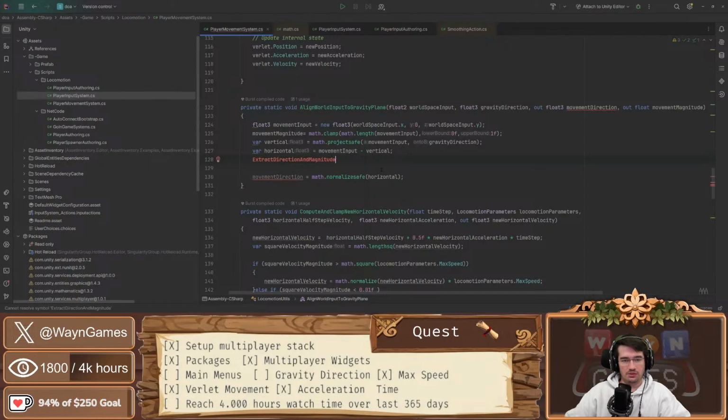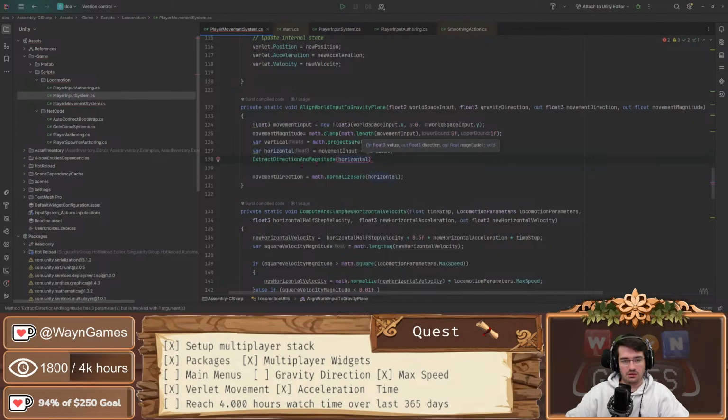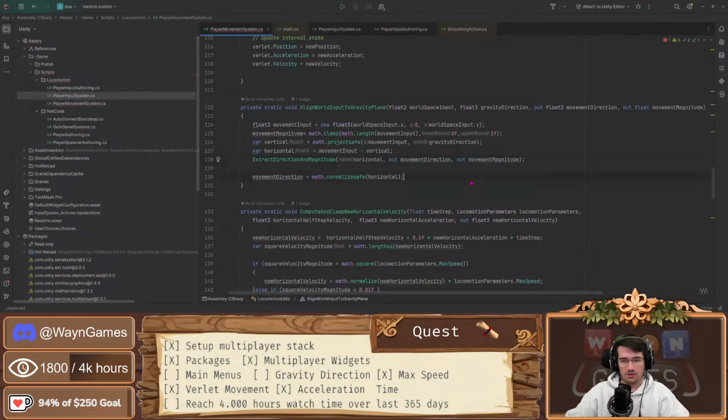So I could do that on this one, get out the direction, get out the magnitude, and then clamp that magnitude between 0 and 1 and assign that back.